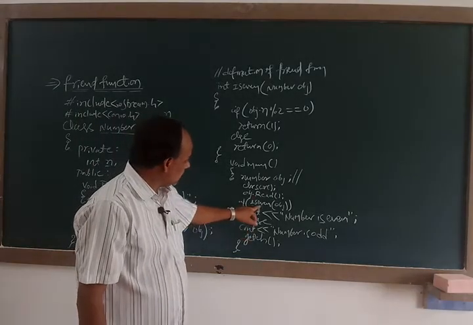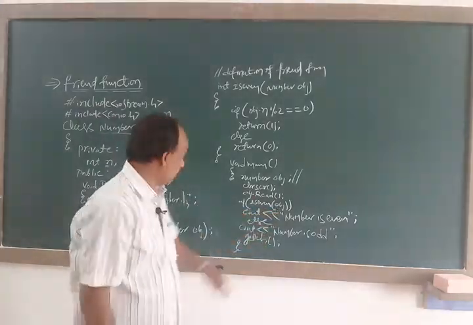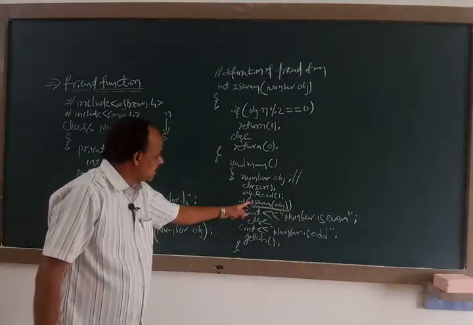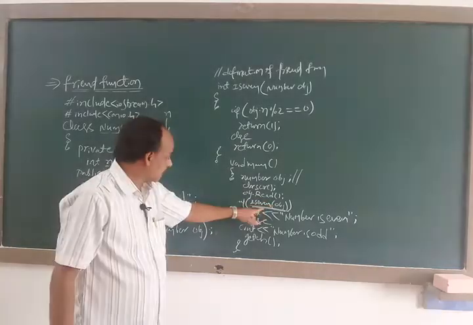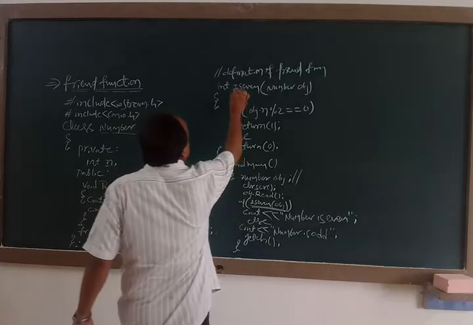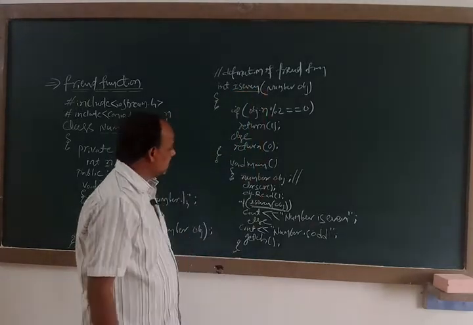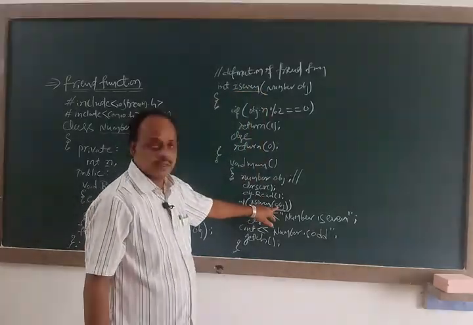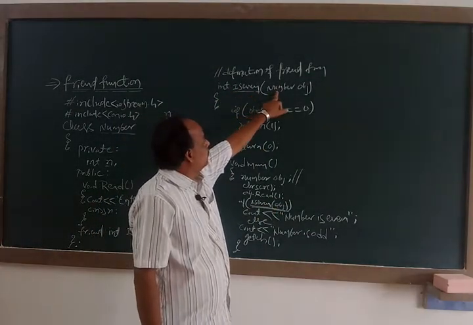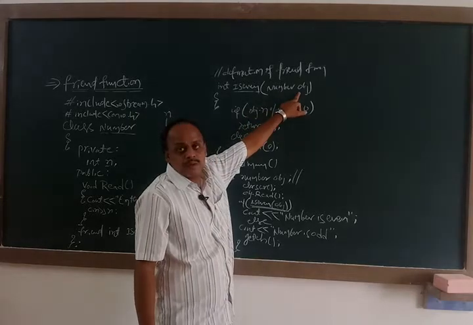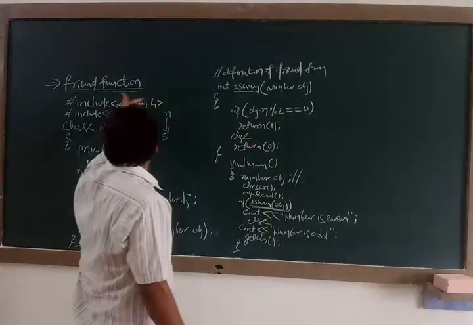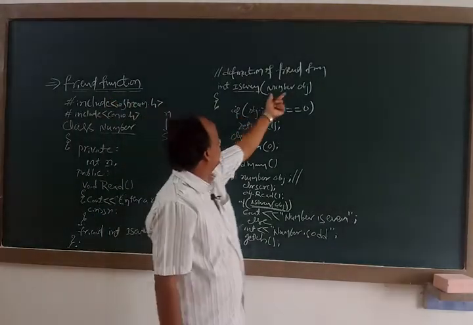If is_even of object, this is a function call. Then the cursor goes to the is_even function. Here, Number comma object means we have to write the class name according to the syntax. The class name is Number, that's why I used Number and object.